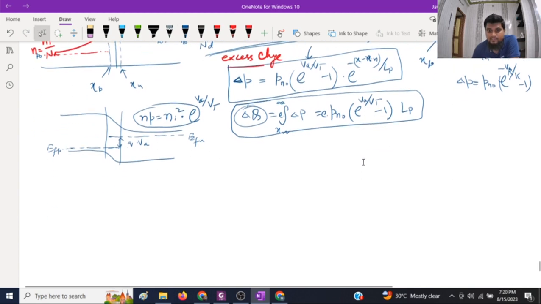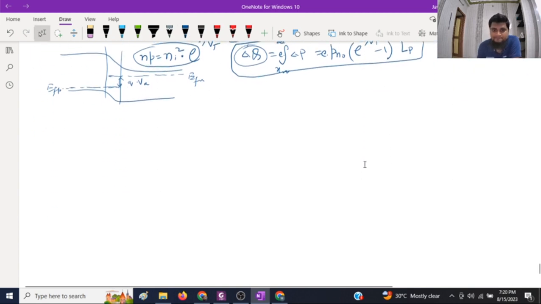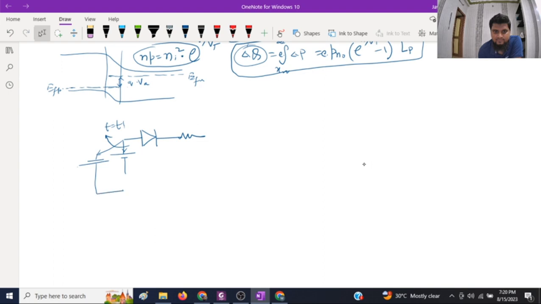Now let me come to the exact scenario. What will happen? Earlier it was forward bias, and at t equal to t1, let's assume the switch is thrown to the reverse bias condition. Earlier it was a forward bias of VA, now it is a reverse bias of VR.